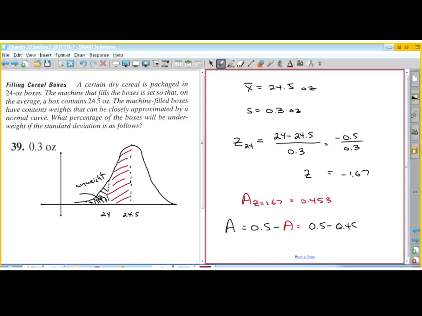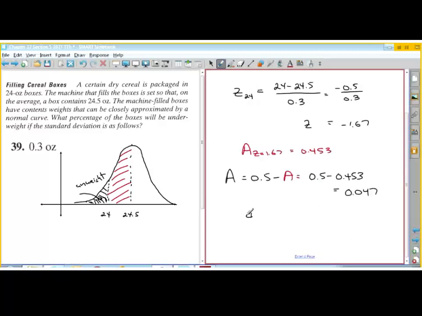You get 0.5 minus 0.453, which is 0.047. So 4.7% of the boxes will be underweight.